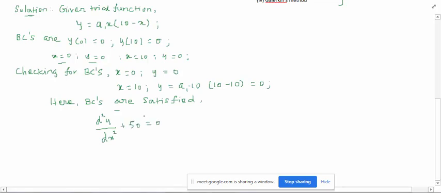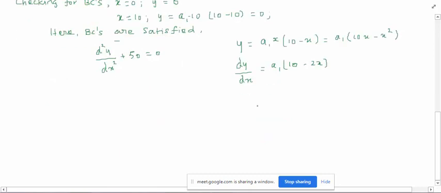Okay, so now we know the differential equation d square y by dx square plus 50 is equal to 0, right? So we know the trial function y equal to a1x into 10 minus x. So let us keep the a1 and multiply: 10x minus x square. Okay, and if you differentiate this, it will become a1 into 10 minus 2x.